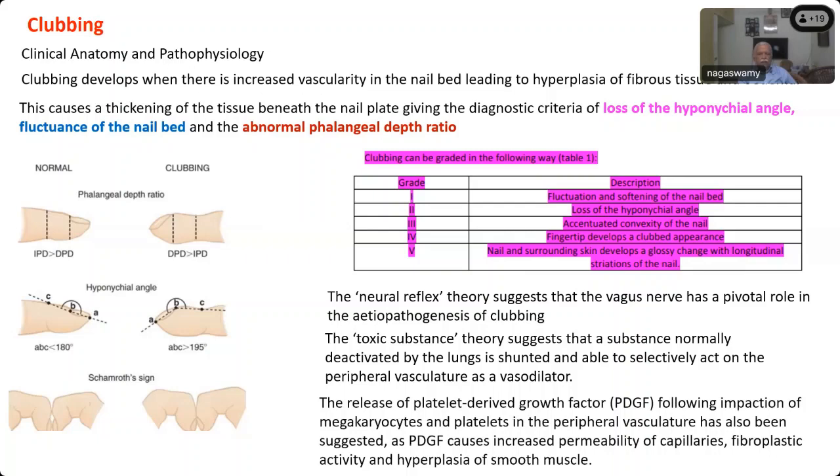And the third theory is the platelet theory, where platelet-derived growth factor following impaction of megakaryocytes and platelets in the peripheral vasculature releases substances which increase growth factors from both platelets and the vascular endothelium, which causes increased fibroblastic activity and hypertrophy of smooth muscles.